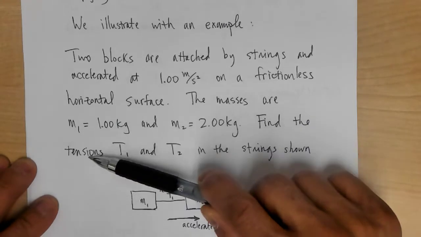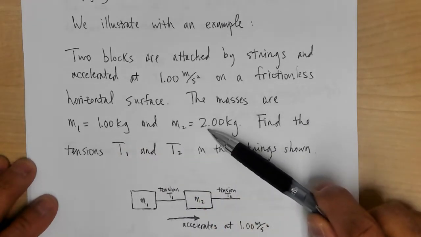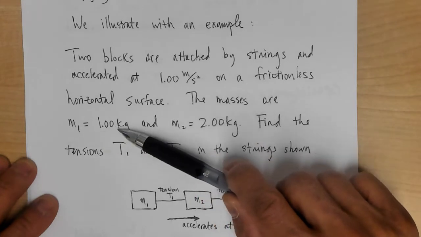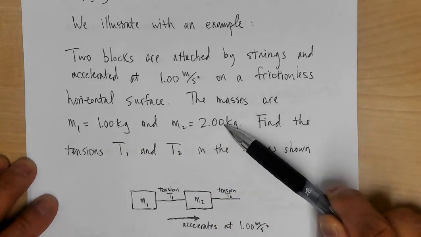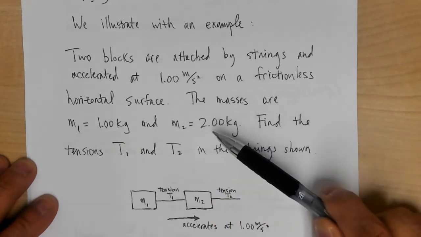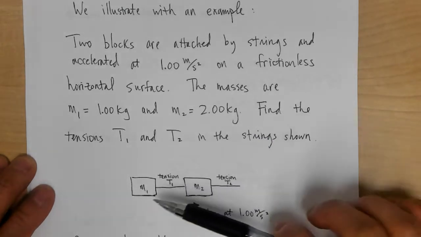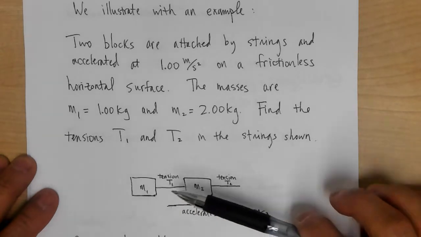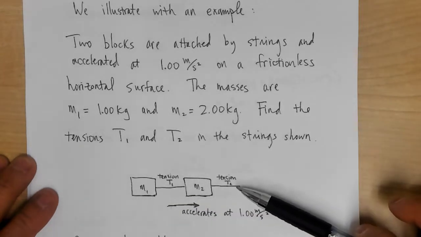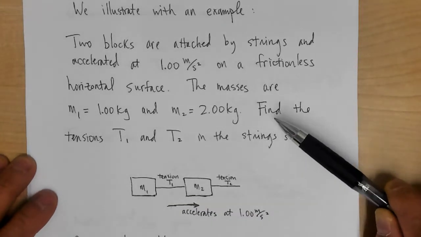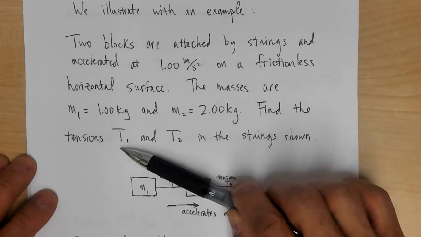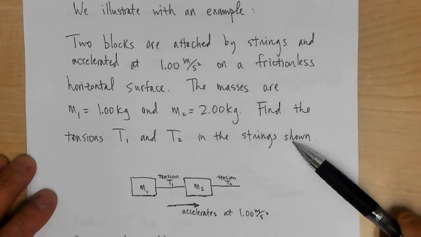The masses are 1 kilogram and 2 kilograms. I'll call M1 1 kilogram and M2 2 kilograms, so you can remember which one is which very easily. It's an example I hinted at before in my lectures, having these two masses being pulled to the right. Okay, so the problem is, find the tensions T1 and T2 in the strings shown.